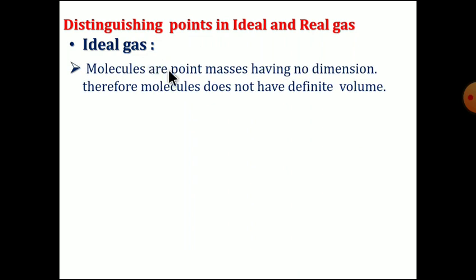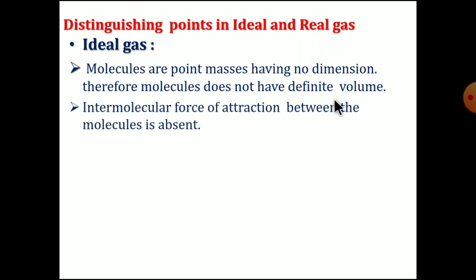When a gas is said to be ideal, the molecules are point masses, so they have no dimension. Therefore, the molecules do not have a definite volume. The intermolecular force of attraction between the molecules is absent.